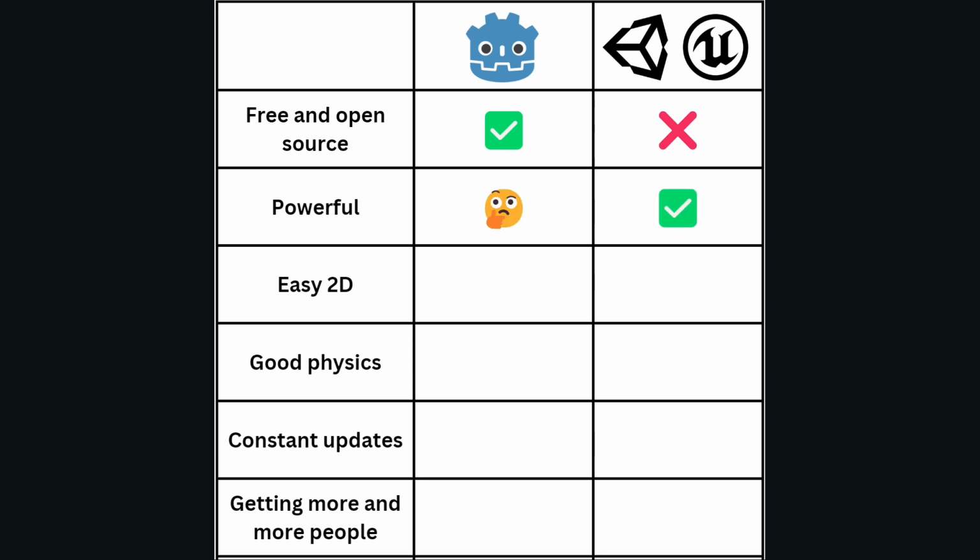Secondly, in terms of power, at least in the cases of Unity and Unreal, they are slightly more powerful than Godot. Godot is still quite powerful, okay? A couple of years ago, maybe I would have said that it wasn't a powerful engine, but there have been a lot of massive creations with Godot, both in 2D and 3D, that demonstrate that Godot is quite a powerful engine.